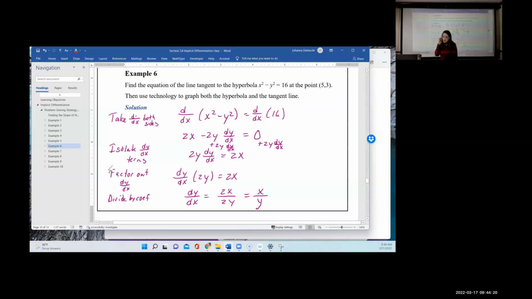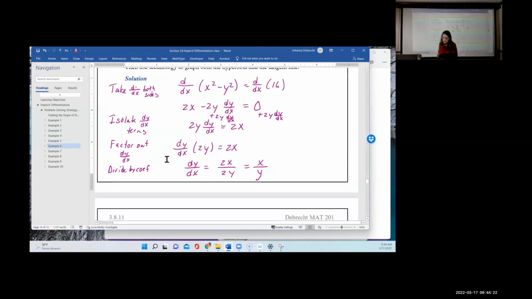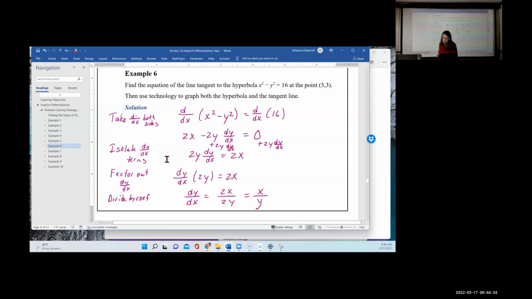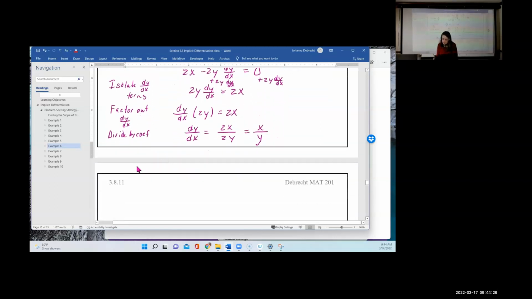Now we're asked to find the slope of the tangent line, the equation of the tangent line at the point 5, 3. So we have a point 5, 3, and we need the slope of the tangent line evaluated at 5, 3.